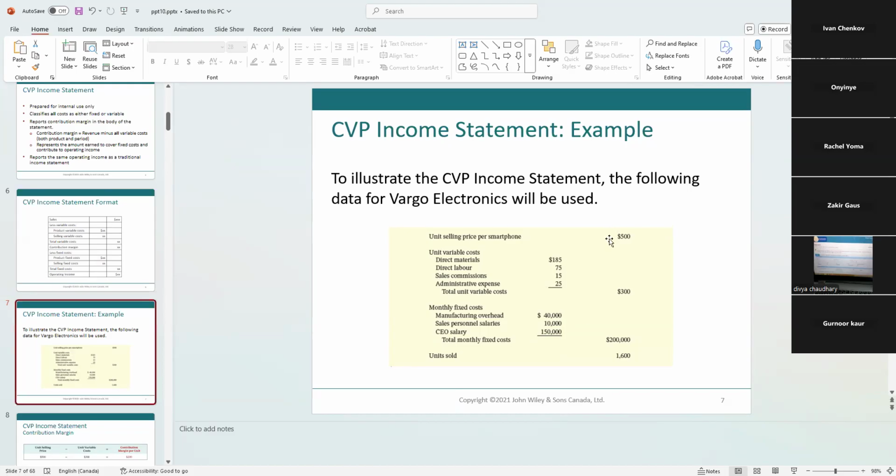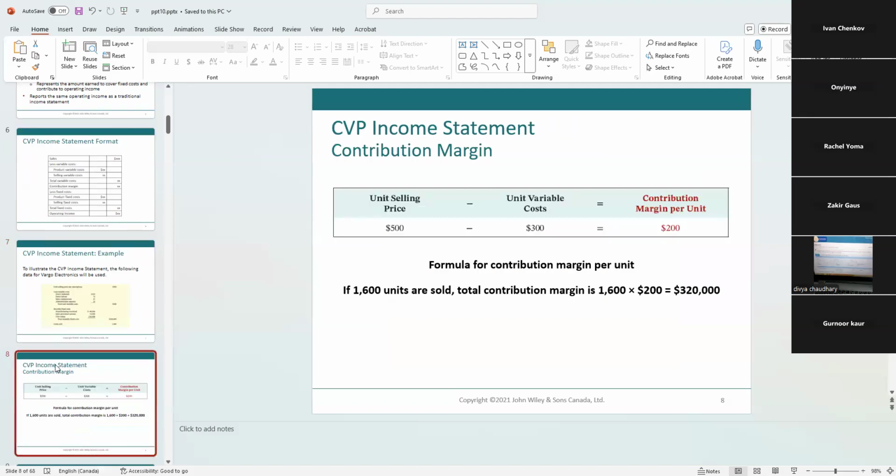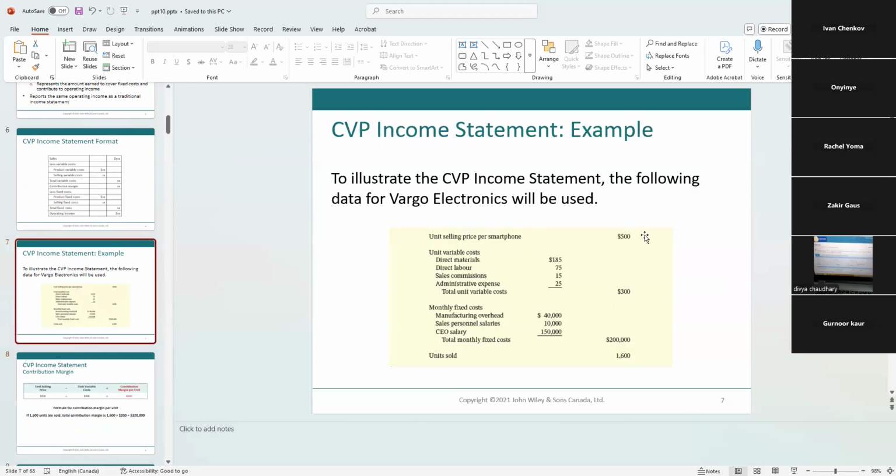So what we can see from here, if my fixed costs are $200,000, what do I need to do? I need to generate contribution margin of $200,000 in order to cover the cost. So if we already know the sales price per one unit to sell one phone is $500, and the cost to produce that unit is $300, every unit is going to give me $200 profit.